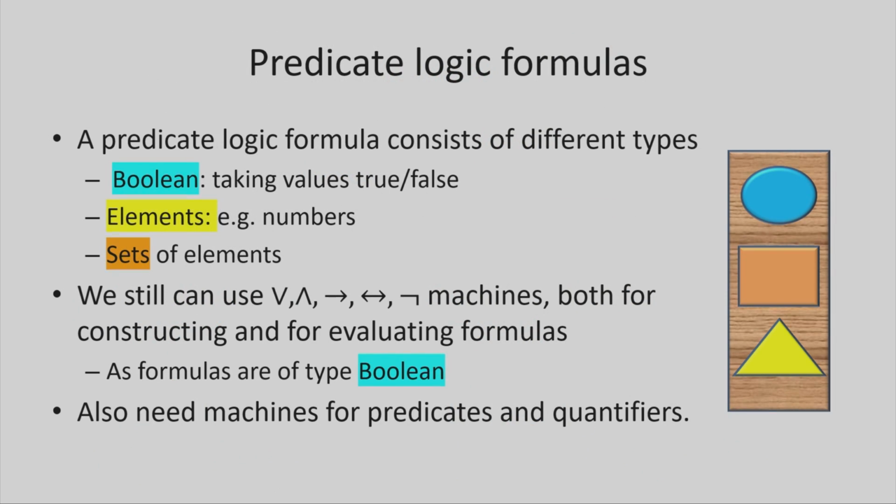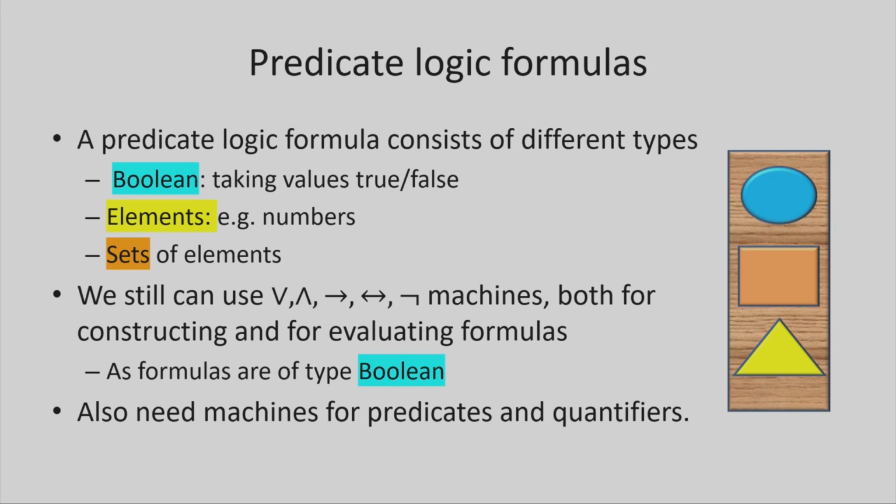So let's now look at predicate logic formulas, where now we really do have a problem with all sorts of different types. Again, we've got Booleans, which is our main thing. The final formula that we construct has to be Boolean, but we also have elements and sets of elements.